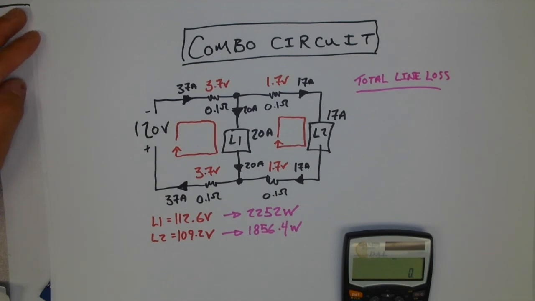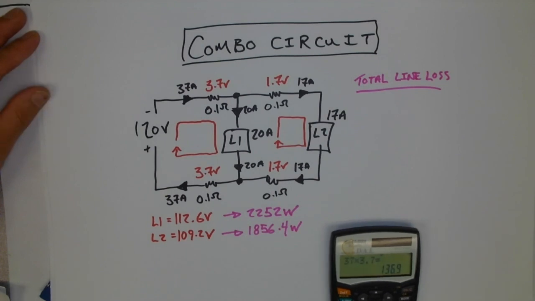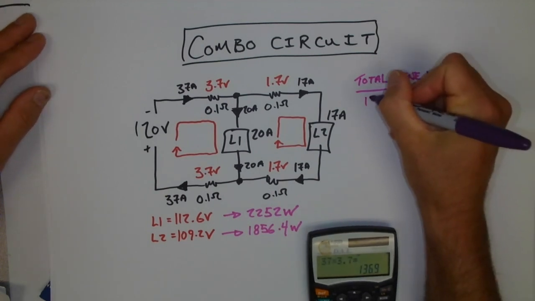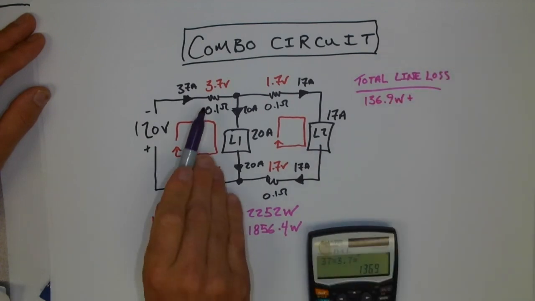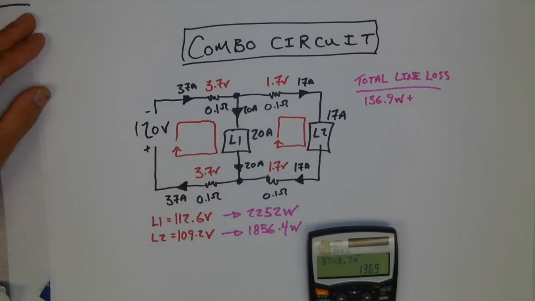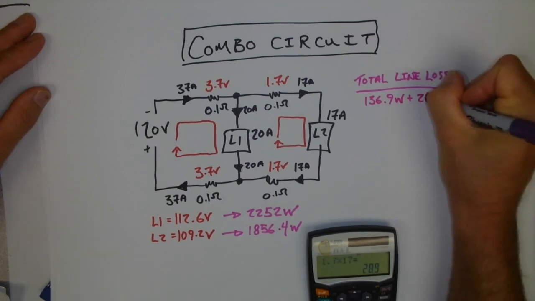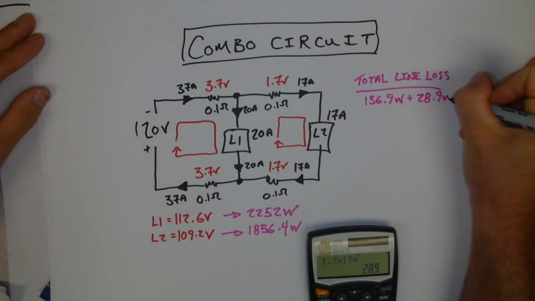I'm going to do volts and amps. So 37 times 3.7. That gives me 136.9 watts. So that would be for the first conductor. The second conductor is 1.7 volts. So I'm going to take 1.7 times 17 amps. Gives me 28.9 watts.